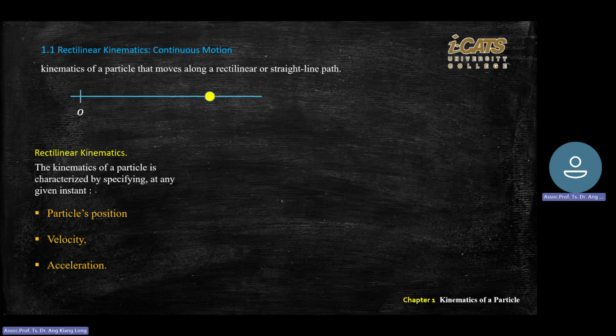For example, gravity is always pointing down. So throughout this module, chapter 1, the last chapter, when you draw a free body diagram, let's say this is the object, no matter how you twist the object, always put your W in a straight line down.